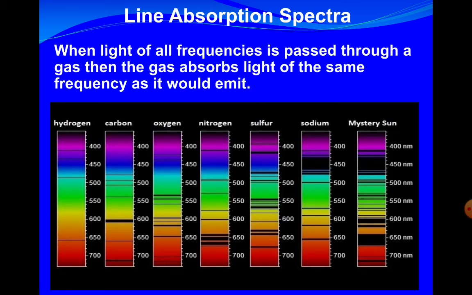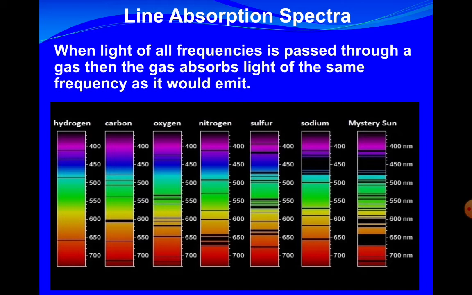Now, what do we mean by line absorption spectrum? As was mentioned already in the video, when light of all frequencies is passed through a gas, then the gas only absorbs the light of the same frequencies as it would emit. So when we look, for example, at hydrogen, we only find those 4 black lines.